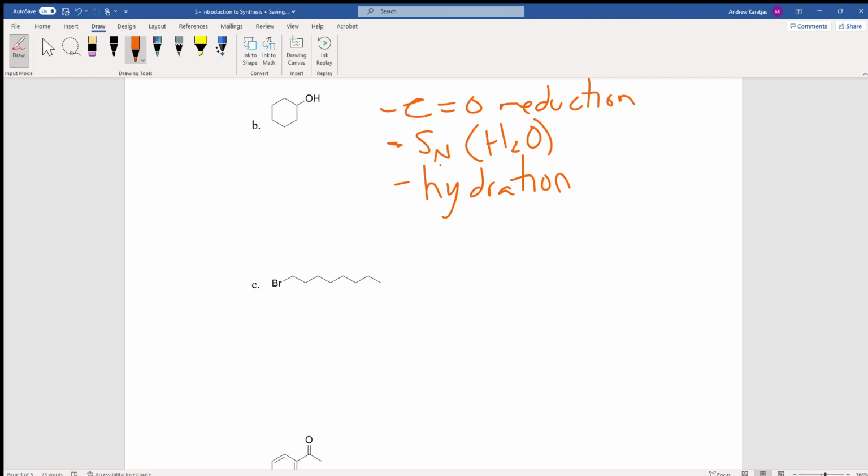So again, it doesn't matter which one I use here. I can pick any of them. I'll go with the hydration. We know that we can do hydration of an alkene using water and acid to give us an alcohol.